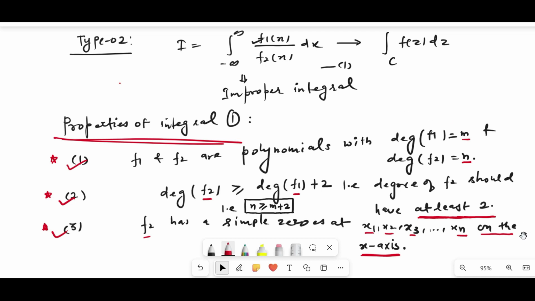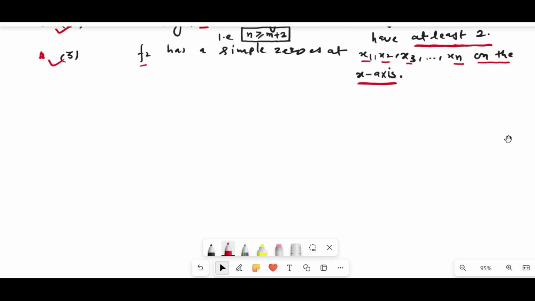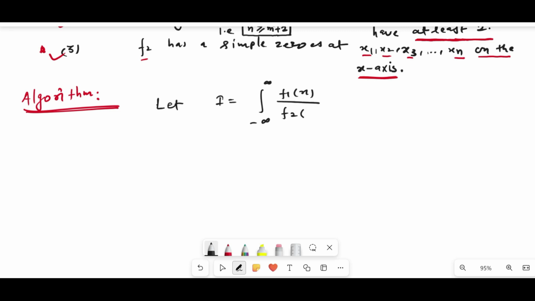Now we will discuss how we can solve this type of integral in terms of complex integration. First of all, I am going to give you the algorithm. In this algorithm, first you assume the given integral I, from negative infinity to positive infinity of f1(x) upon f2(x) dx.